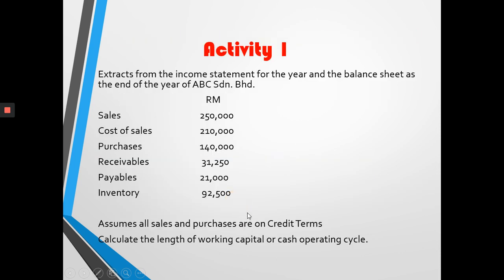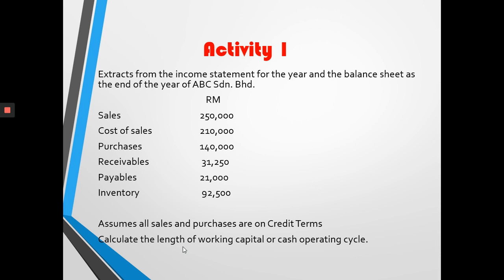All right, so let's do an example here. So you have sales, cost of sales, purchases, receivables, payables, and inventory. Assume all sales and purchases are on credit terms. Calculate the length of the working capital or cash operating cycle.